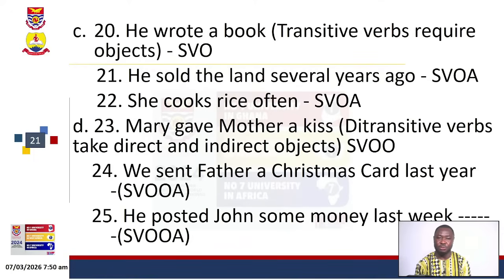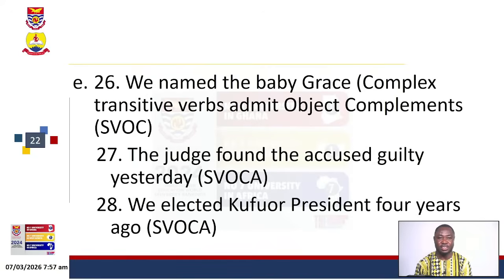Okay? You should be able by now to construct sentences reflecting these patterns or structures. In 26, "We named the baby Grace." This is how it should be read: we named the baby Grace, not we named the baby, Grace. Okay, because the baby and Grace are not the same thing.